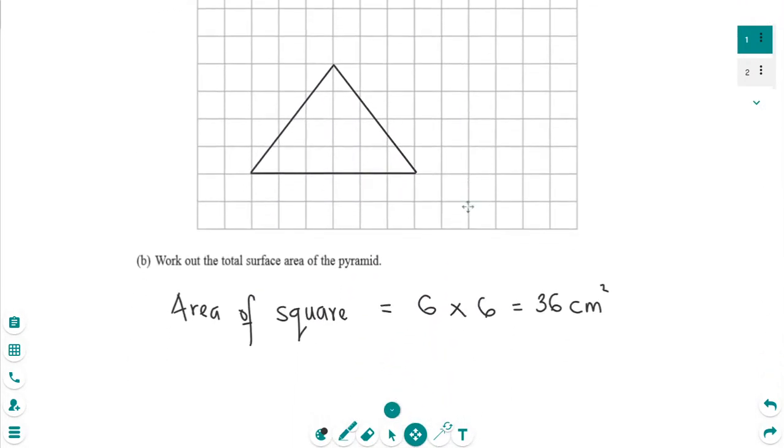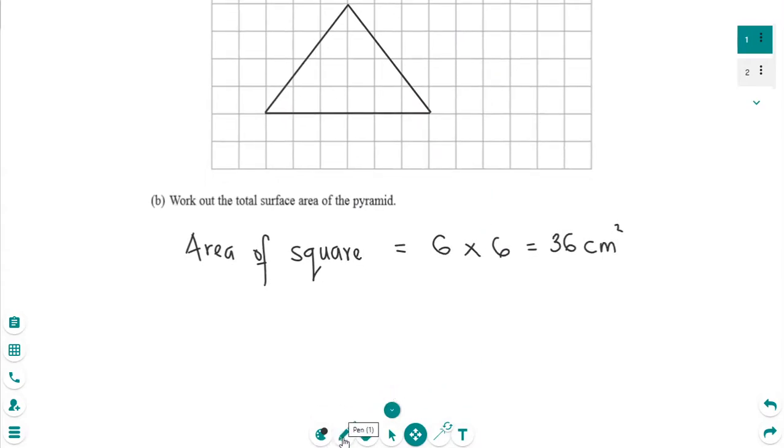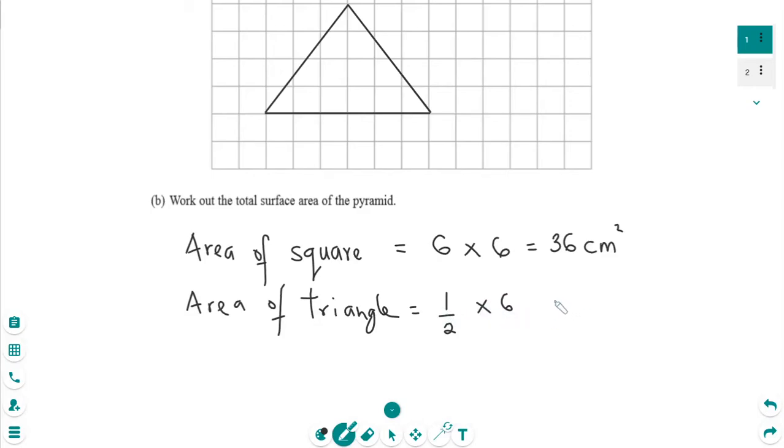And you remember the area of a triangle is half base times height, and the base is 6 and the height is 5. If you work this out, this is going to give you 15 centimeters squared.